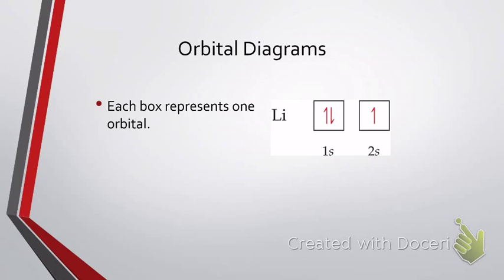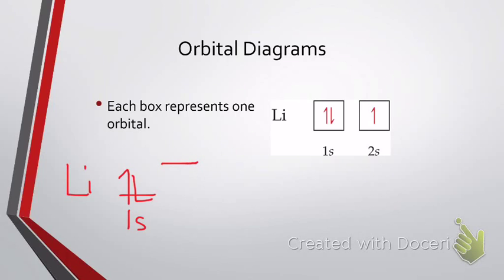So this is an orbital diagram, and each box represents one orbital. If you look at the periodic table, lithium has an atomic number of 3, which means it has 3 protons, and it has 3 electrons for it to be neutral. I like to write it this way because it shows the relative energy. For lithium, there's the 1s orbital, so we have 1 electron, 2 electrons.